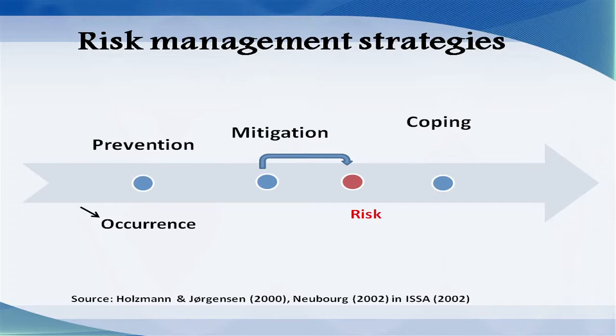We will speak about this later, but this is what insurance does. Insurance does not help you not to get sick, but it will help you to decrease the financial impact of the sickness. And then you have coping, which is basically you're just trying to deal with this risk after it happens.